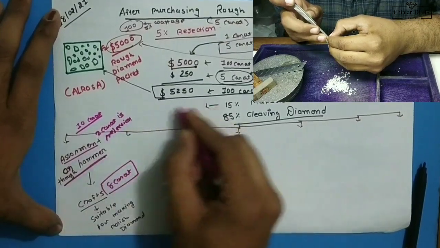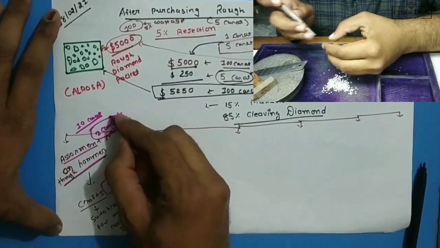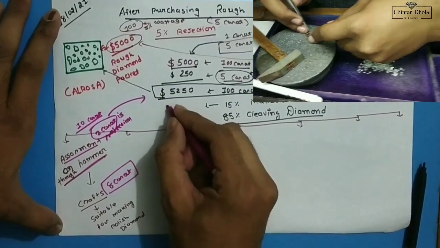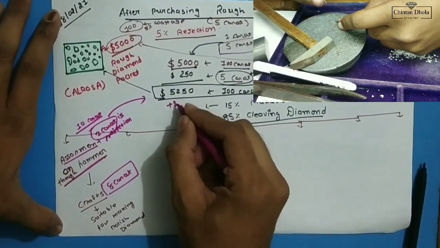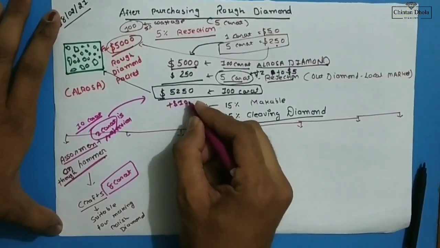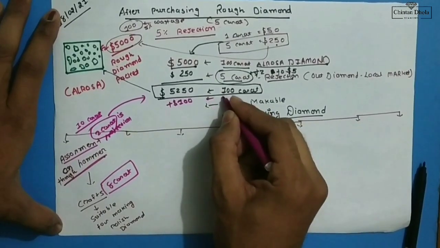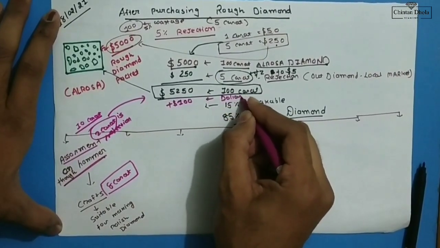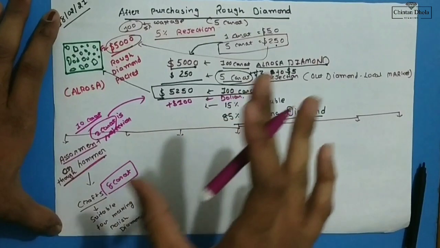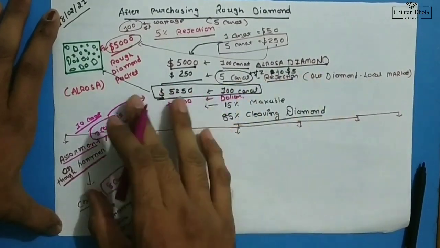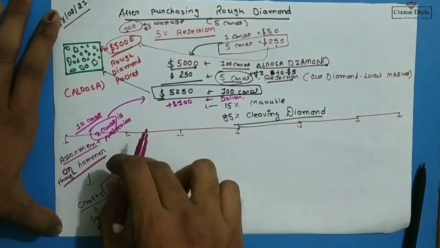So now you have to also include this 2 carat in this costing. So you can put 50 into 2, $100.